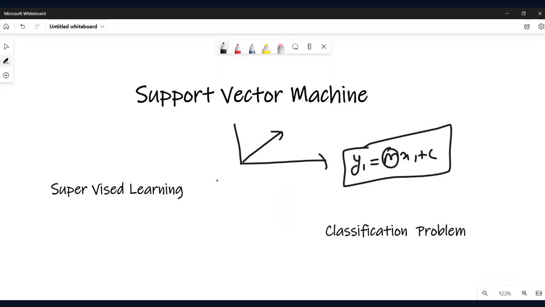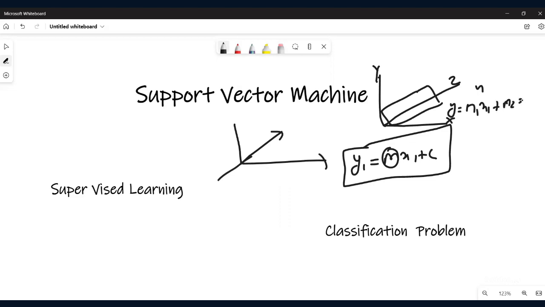Now this vector can be in 2 dimensions, in 3 dimensions, where it will have x, y and z axes, or it can be in n dimensions: y is equal to m1 x1 plus m2 x2 plus m3 x3. Okay, so we're going to use this vector to segregate the categorical variables.